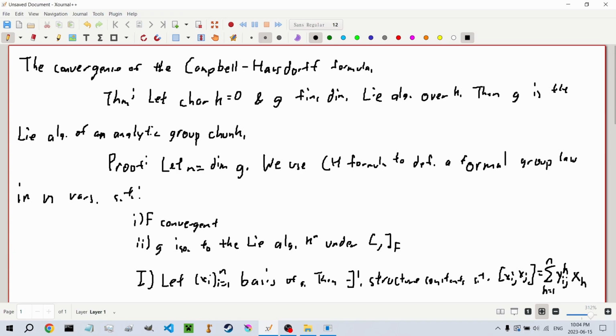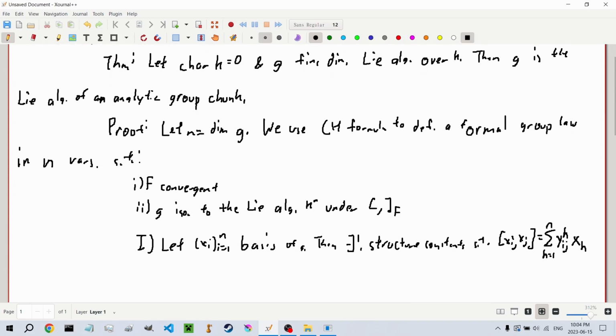So essentially each gamma_ij^h is how much the h component is present in the bracket of i with j. We then define gamma to be the maximum of the absolute value of each gamma_ij^h.